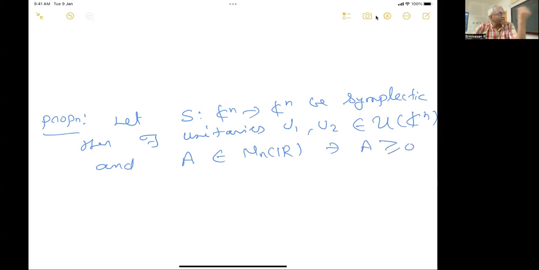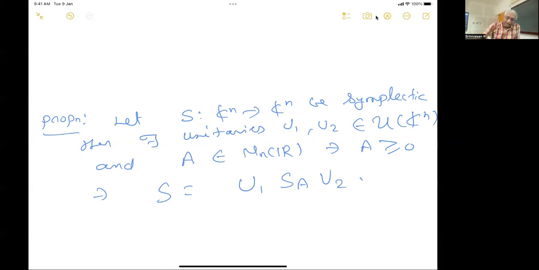So if you have a symplectic isomorphism, then there exist complex unitaries U1, U2 in Cn and a positive operator A such that S is nothing but U1 S_A U2.